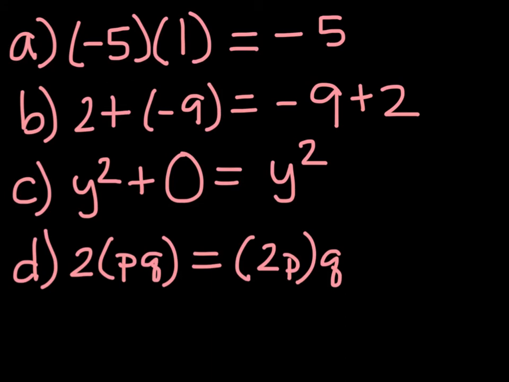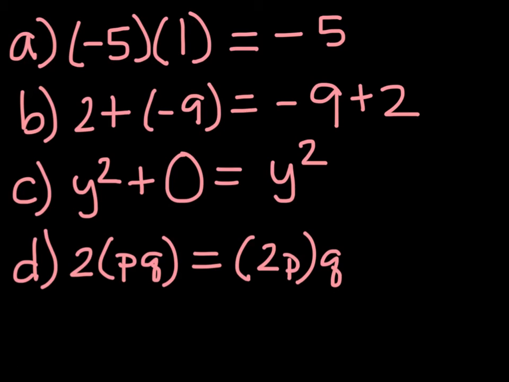Let's examine these examples and identify the properties that each illustrates. A tells us that negative 5 times 1 equals negative 5. That is the identity property of multiplication, correct? Now B shows us that 2 plus negative 9 is equal to negative 9 plus 2. That would be the commutative property of addition.